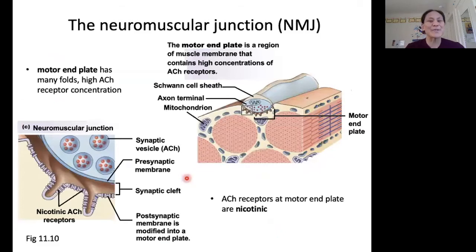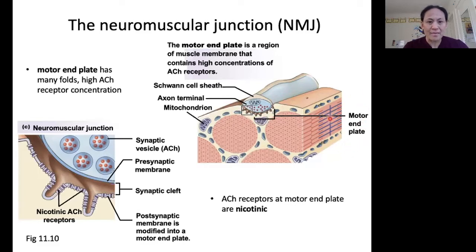Okay, so let's take a closer look at the neuromuscular junction. We're going to start by looking over here at the upper right. Here you can see that axon terminal coming from the motor neuron. What I want to point out is that the region of the muscle fiber where the motor neuron interfaces with it has a special name, the motor end plate.